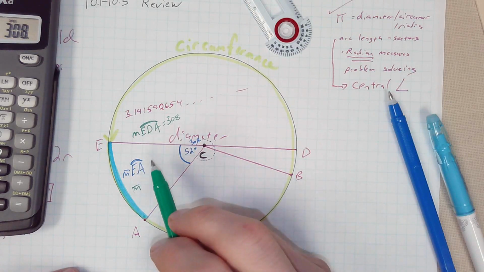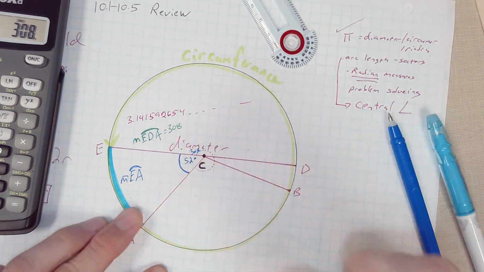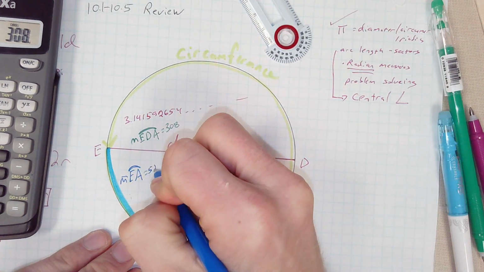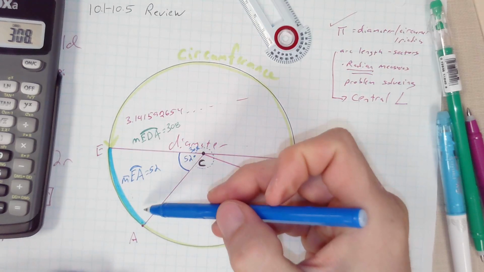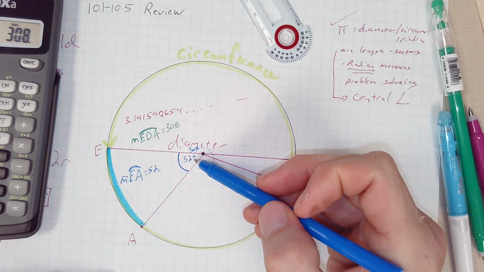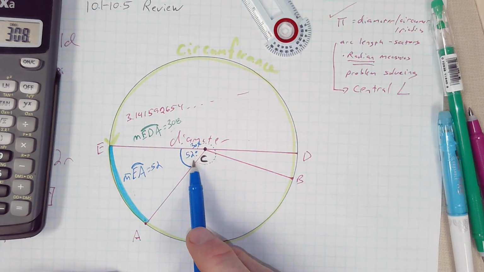So here the measure of EA equals 52, right? So the arc measure equals the angle measure, or the central angle, right? In terms of the angle.